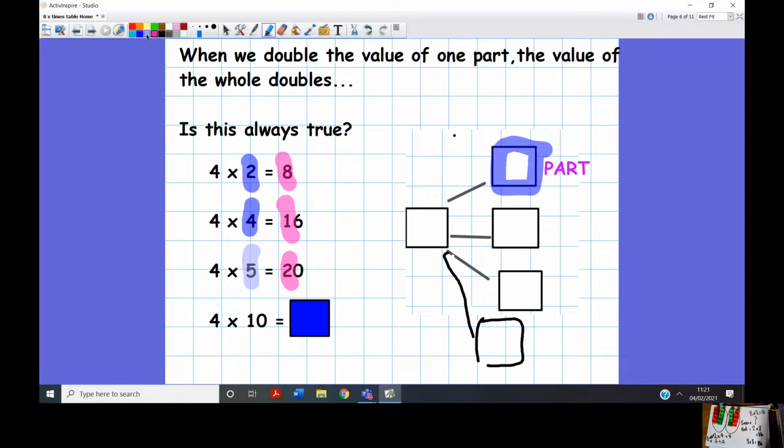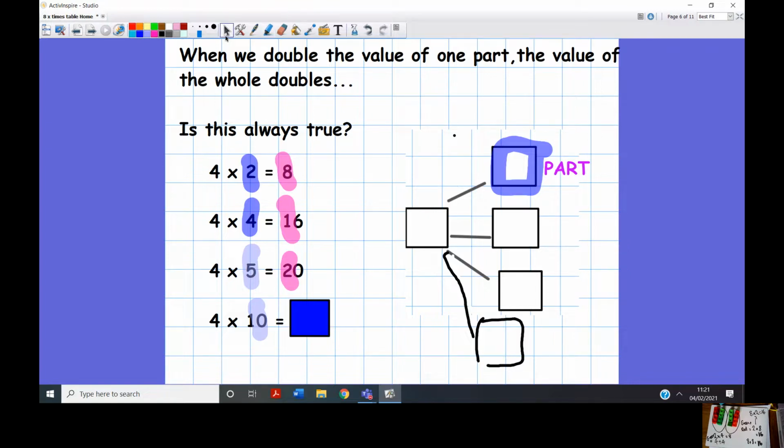Now, here we've got our part has been doubled. Can we work out, what do we think, whether our whole gets doubled? And we should know our 4 times table well enough to be able to do this. Let's skip count together. 4, 8, 12, 16, 20, 24, 28, 32, 36, 40.